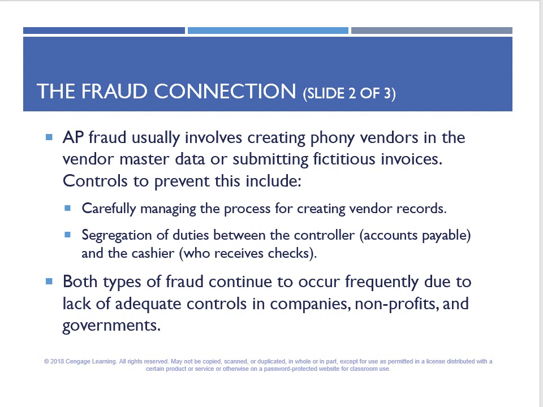And that requires segregation of duties. The person who creates the vendor is not the same person who verifies the invoice, and it's not the same person that does the cash payment. Not to mention that we can include a manager or two to give approval on those things.